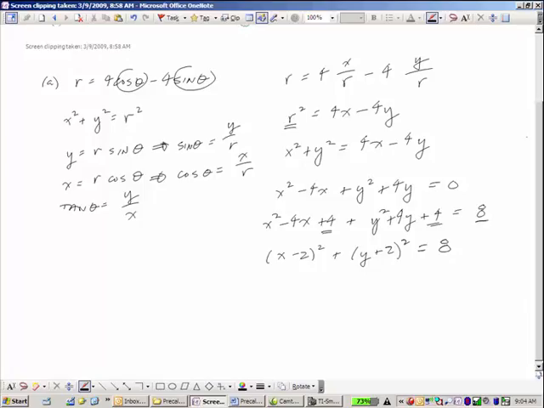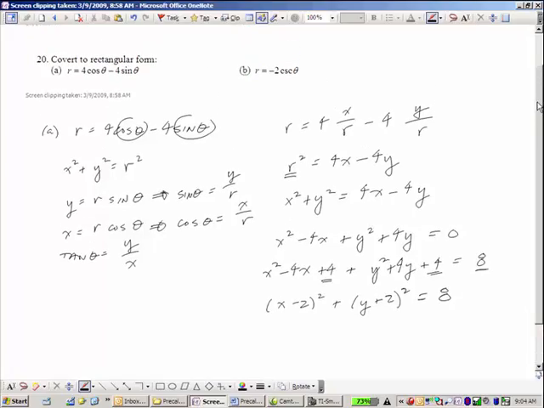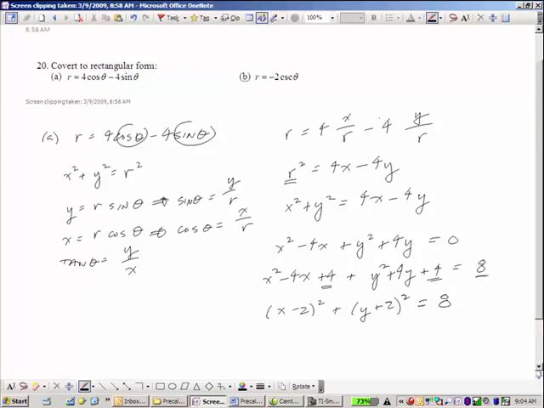So I just want to point out, this problem involved a couple of clever substitutions. We saw what sine theta and cosine theta were, so we could plug in. Then Evan said, why don't you multiply everything by r? And then we got an r squared so we can plug in to get this.